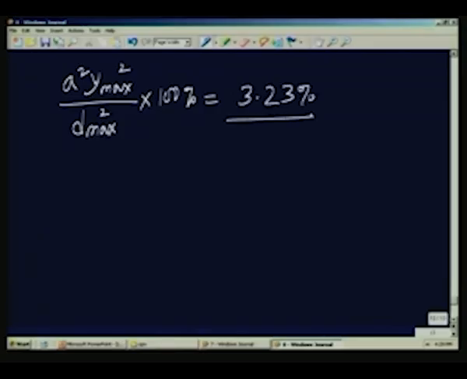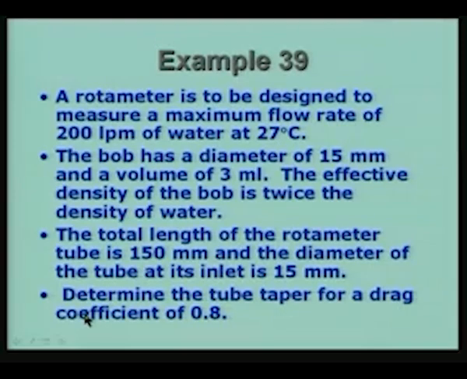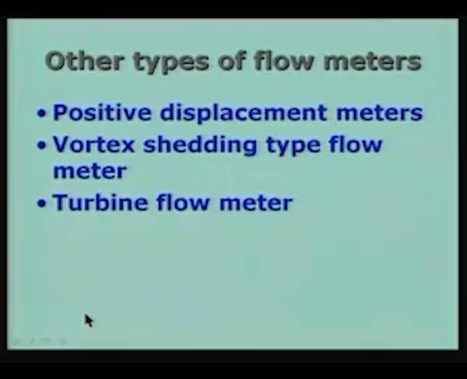So, the nonlinearity in the instrument is about 3%, which may be quite small for most applications we may have in mind. So, with this we come to the end of the discussion on a rotameter, and let us look at some other types of flow meters.